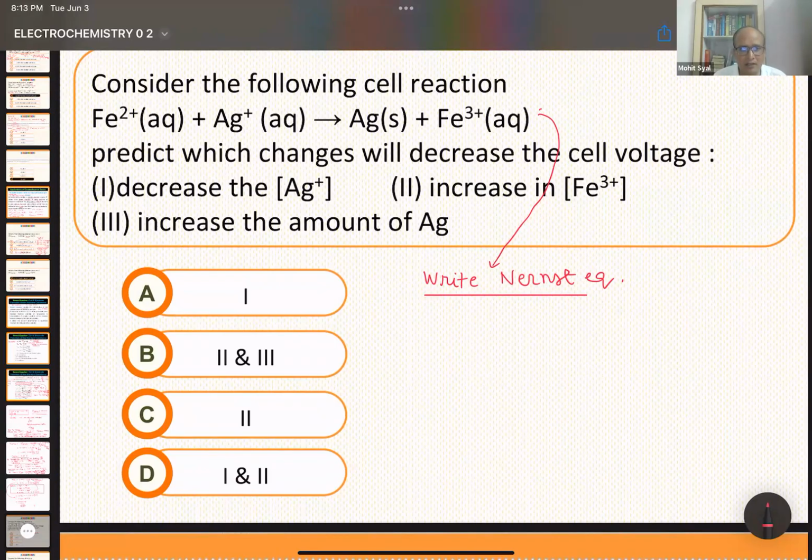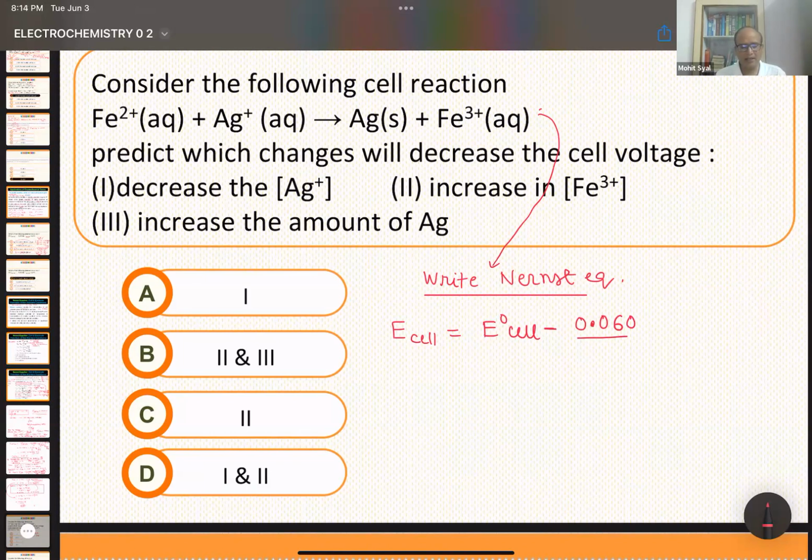Why am I writing the Nernst equation, why am I not talking about the standard EMF? Standard EMF is fixed. That is not going to change because that is for 1 molar. Because this reaction is talking about the change in concentration, I should talk about the EMF of the cell equal to E naught cell minus 0.0591. I will write it for ease as 0.06. Okay, I'm taking it as 60.